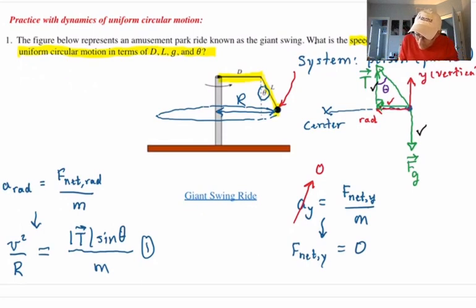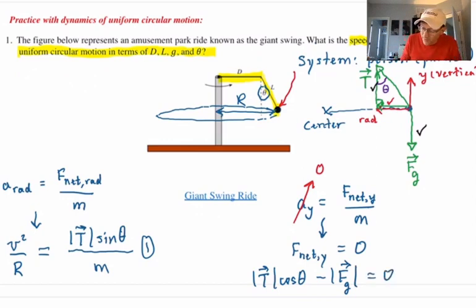Let's be careful. That would be magnitude tension cosine theta, because the y component of the component triangle for tension, the one marked with the black check mark, is adjacent to the angle theta. So hypotenuse times cosine theta. Then minus the entire magnitude of F grav. And that must equal 0.